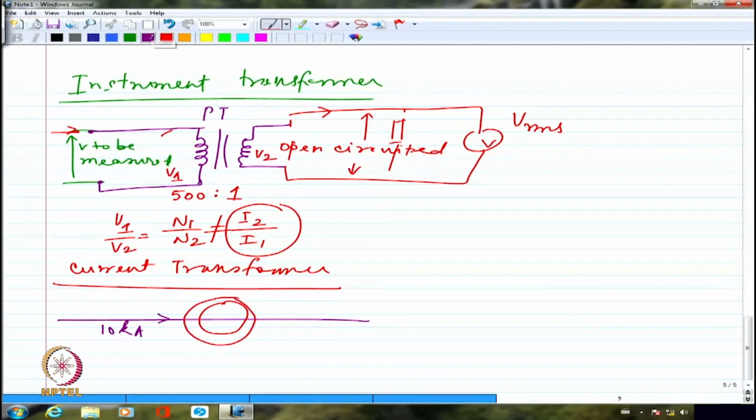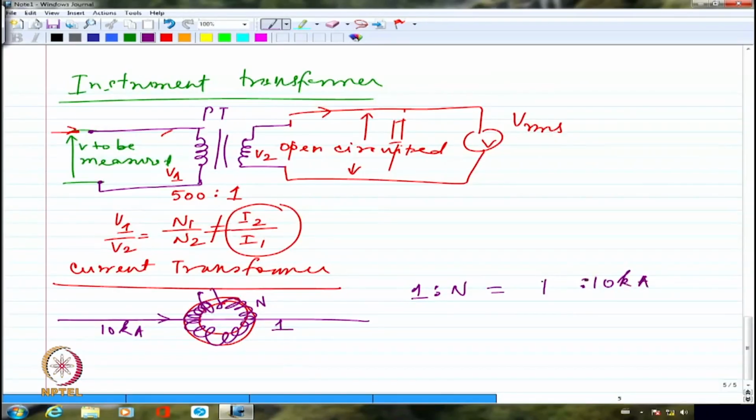Now, this is essentially going to make the turns ratio N. This is no turn at all, which is 1. One conductor means it's counted as one turn. So it is going to be 1:N, with 10 kiloampere being the current to be measured. So let me call this I2.